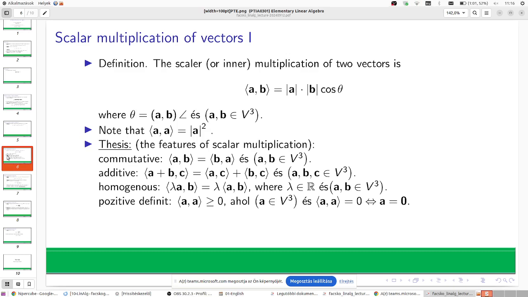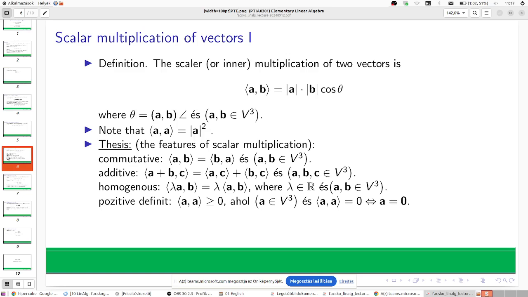Do you like gamma? Theta is nice. This is a definition. You have 2 vectors in representation with components, you get one number. This is one definition, and this is a very nice definition because it's a tool for me.